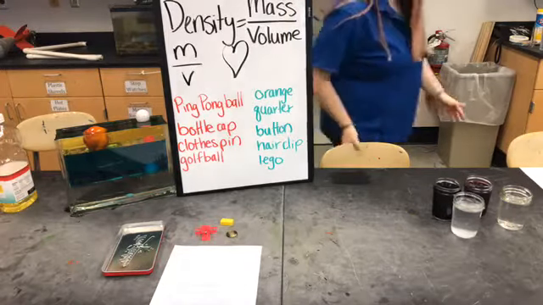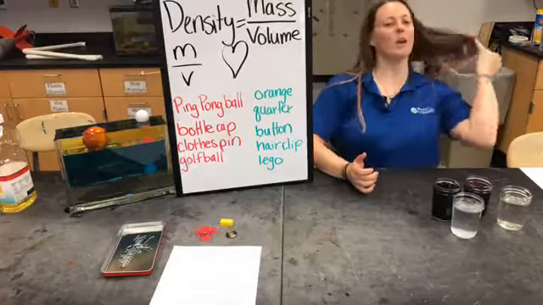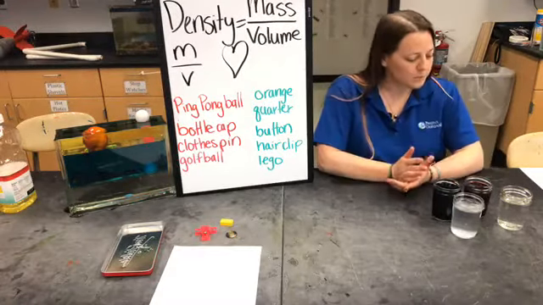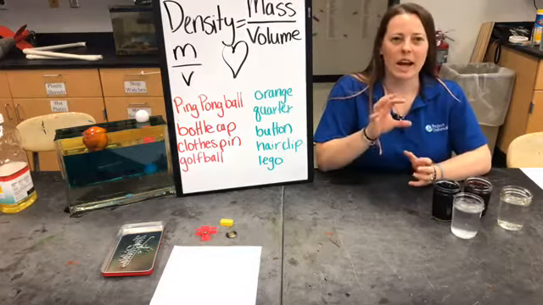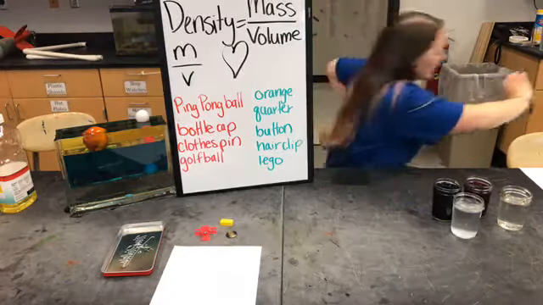I have another quick experiment that's going to focus on one of those concepts that they were talking about the other day. So they actually used a hydrometer, which I have, let me grab it real quick.